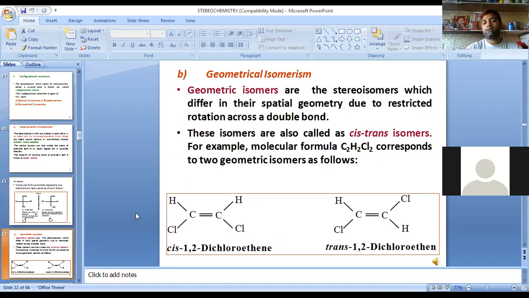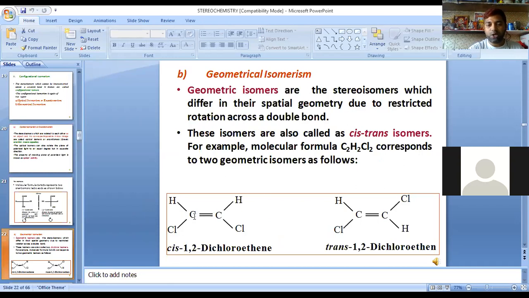Now the second class, geometric isomers or geometric isomerism. Geometric isomers are stereoisomers which differ in their spatial geometry.